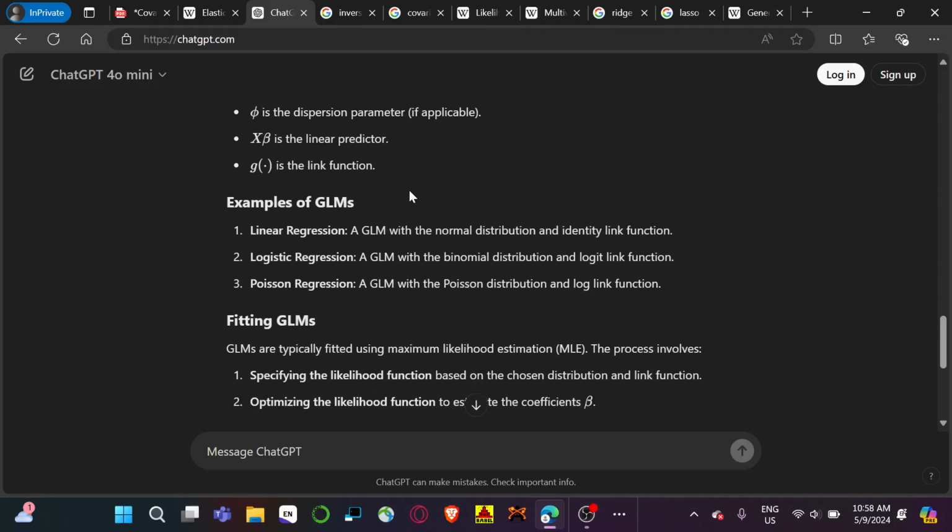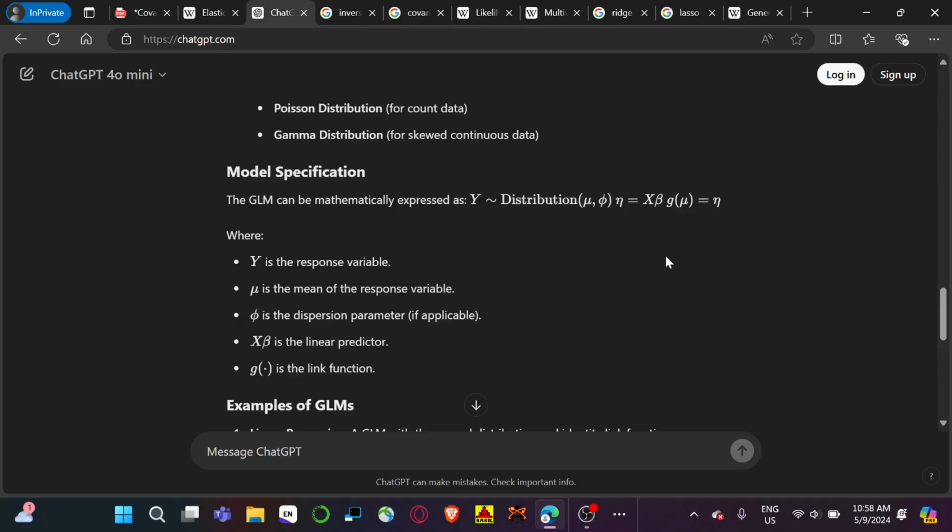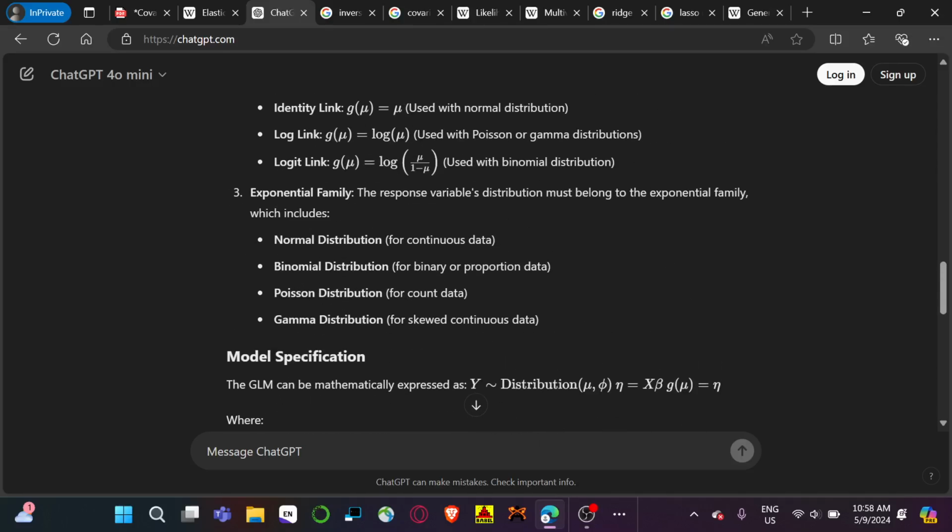Let's see. So examples of GLM. GLM even generalizes logistic regression, as you can see right here. So GLM with binomial distribution and logit link function. All of this is great.